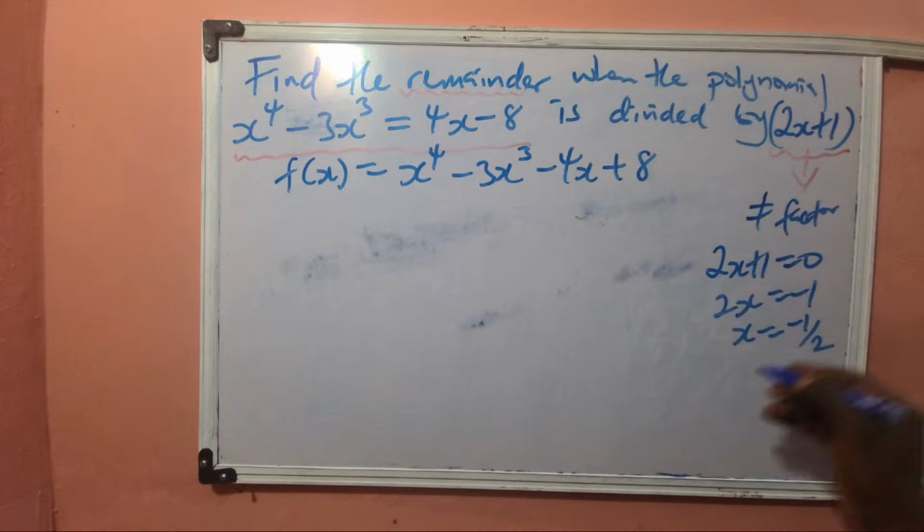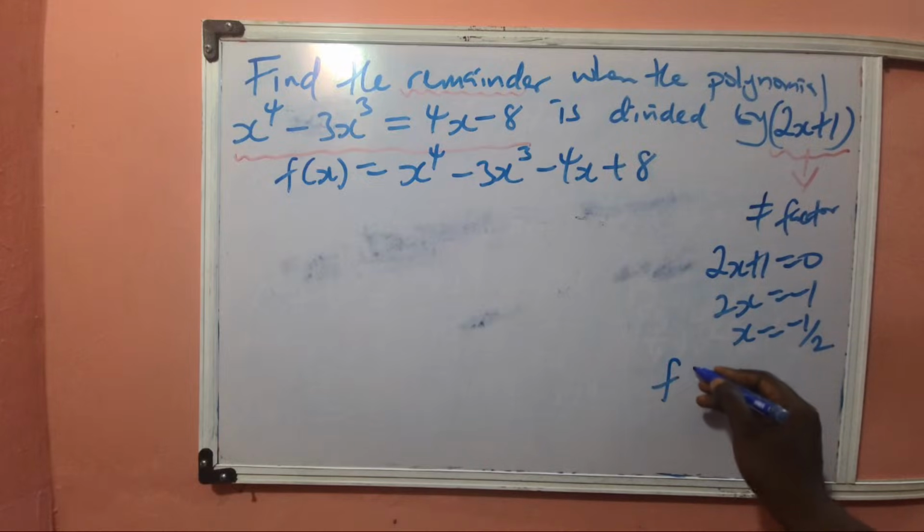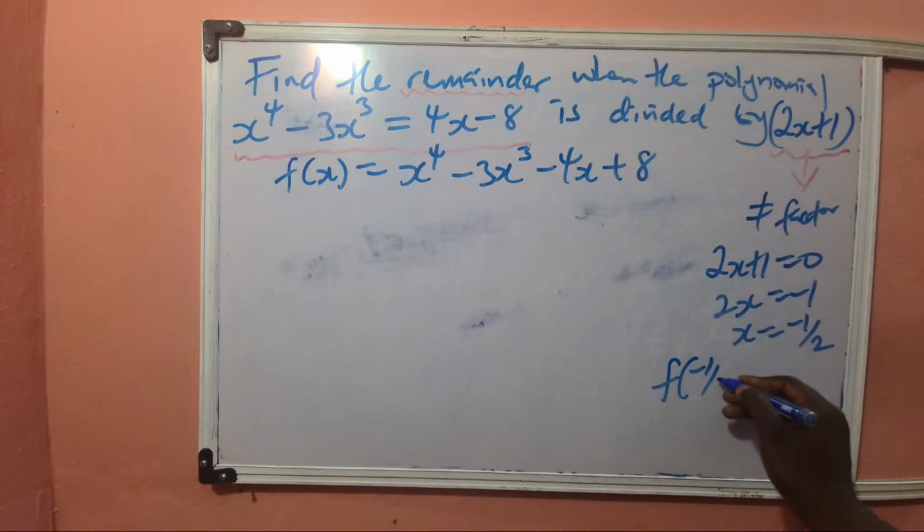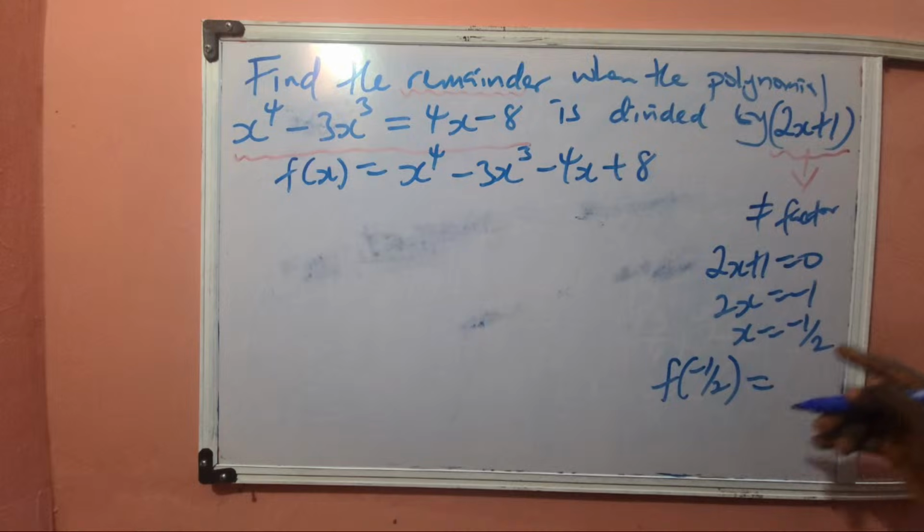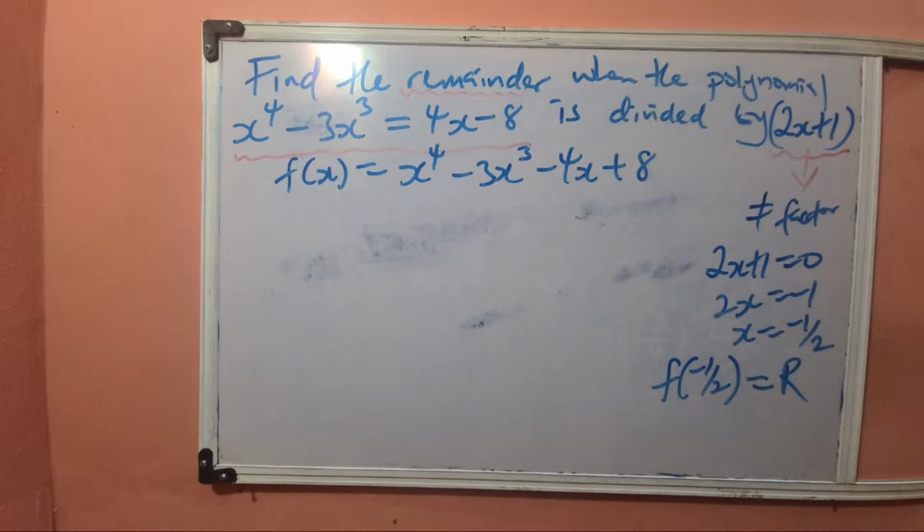Now, if I fix in my value of x being equals to minus 1 over 2, the value I get is the remainder. That was what remainder theorem told us.